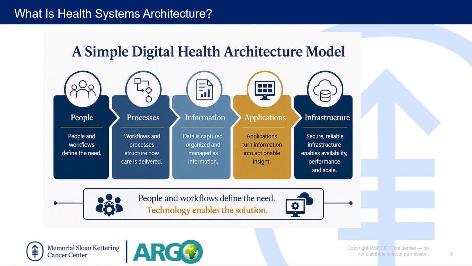Now, let's briefly examine how these layers or domains align with each other in a typical digital health project. So the first layer is people. Every digital health project begins with the people who will use it or benefit from the system. Like I said, this includes patients, clinicians, nurses, health record officers, administrators, IT professionals, health policymakers. Each group has a different information need because they have different responsibilities.